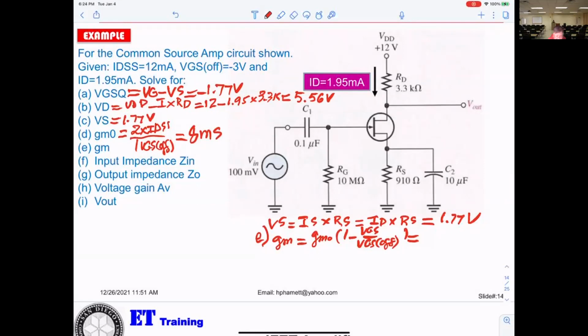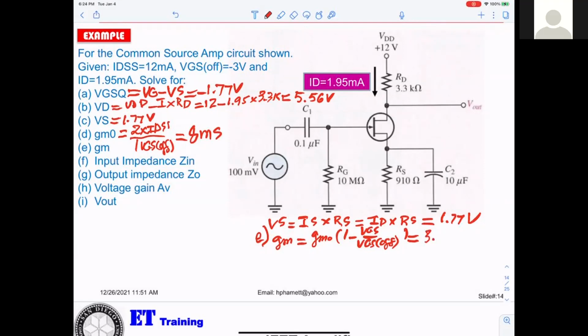Okay, what is gm equal? 3.28. You get 3.28? I don't know, did we see anyone get the same? Check. I got 3.28.